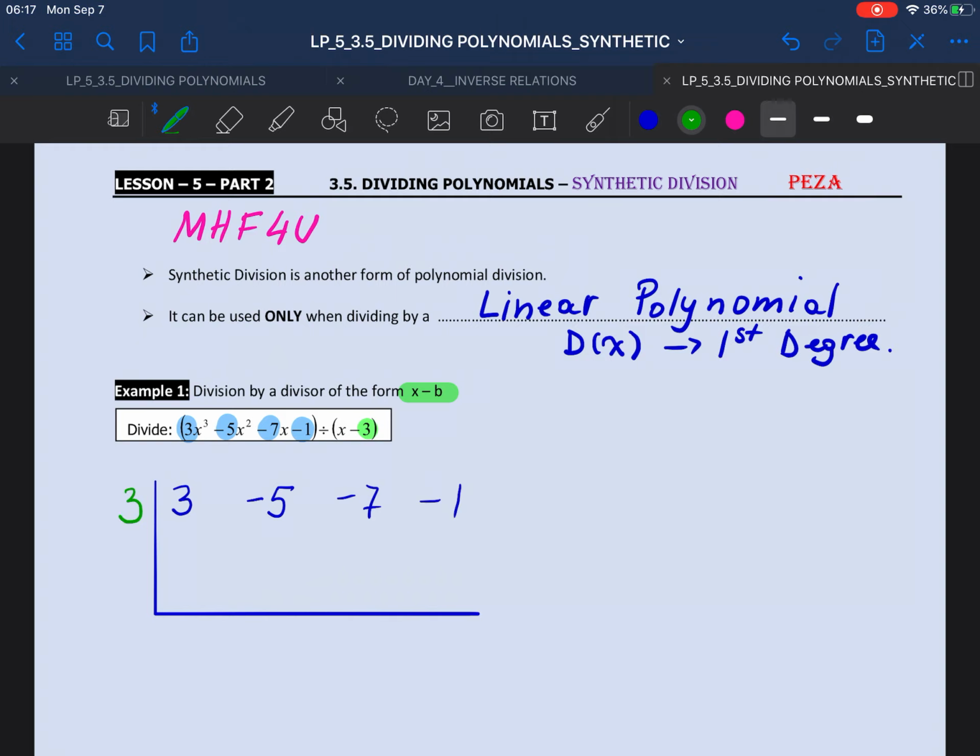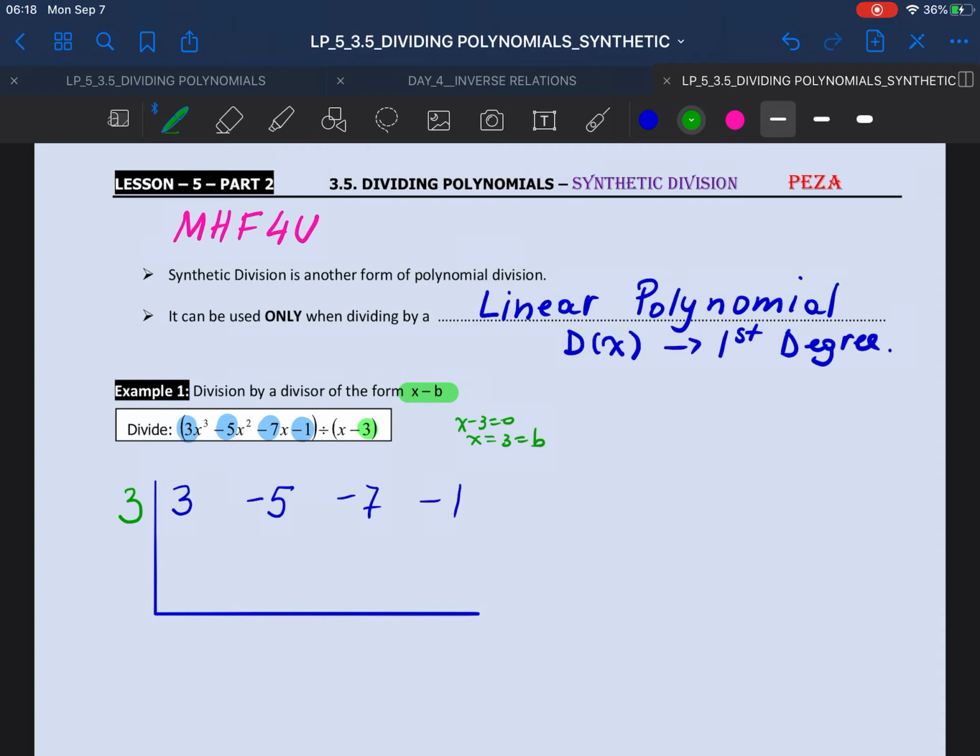We write the number 3, which is the value of b, right here, aligned with the rest of the coefficients in the polynomial. Now you can think of the value of b also as the value of x that makes the divisor 0. So x minus 3 equals 0 if x equals 3. So that would be the value of b.